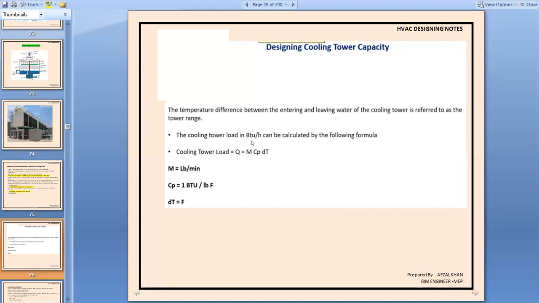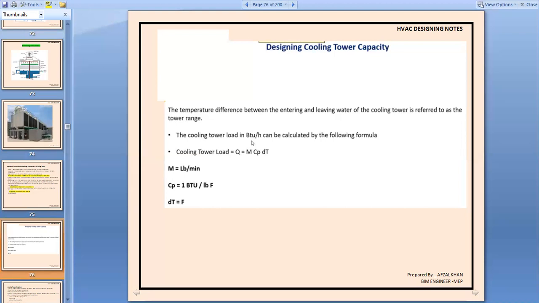Now, for example, we have a chiller of say 100 TR. For 100 TR, what will be your value for GPM? It will be 100 into 3, so 300 GPM. So you have the value as 300. Cp is equal to 1.